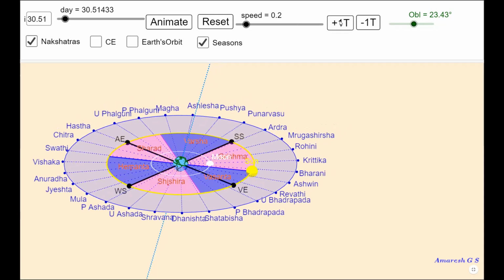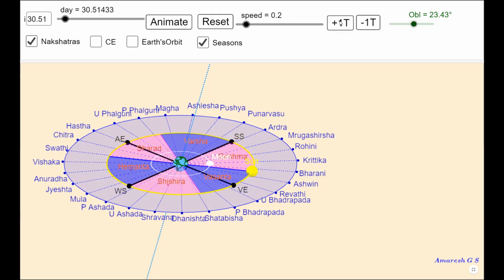In approximately 30 days, the sun would travel the angular distance of about 30 degrees. Now we want the sun to travel through 30 degrees because that is the definition of a solar month.